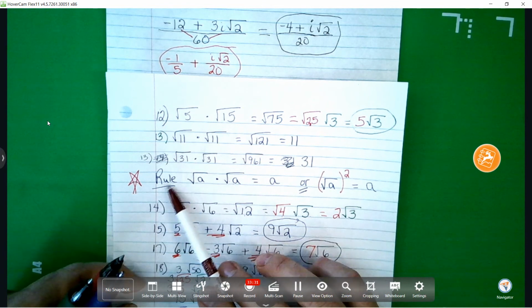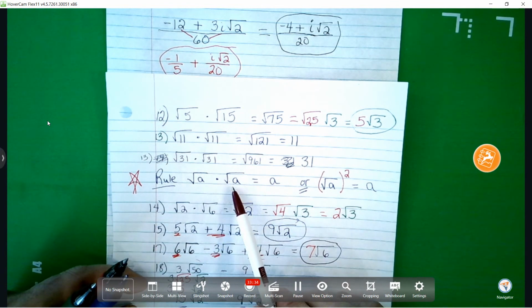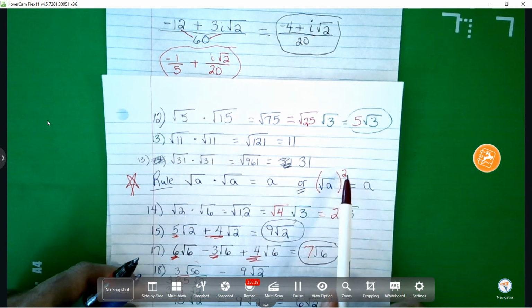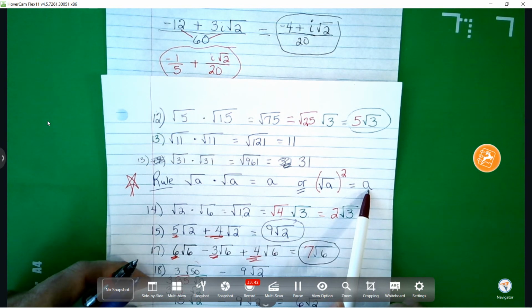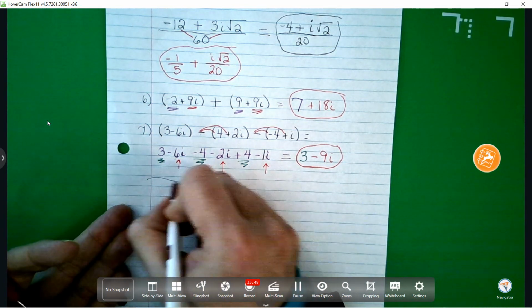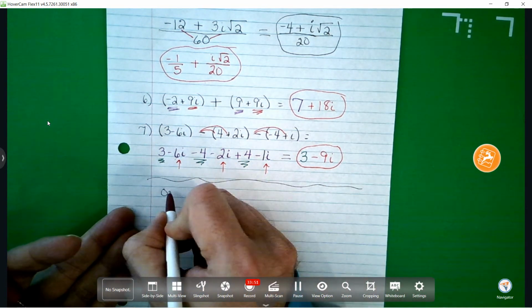I think it was a red star rule. The square root of a times the square root of a is just a. Or another way of writing it is the square root of a squared equals a. Let's make an observation. I'm deriving a rule.